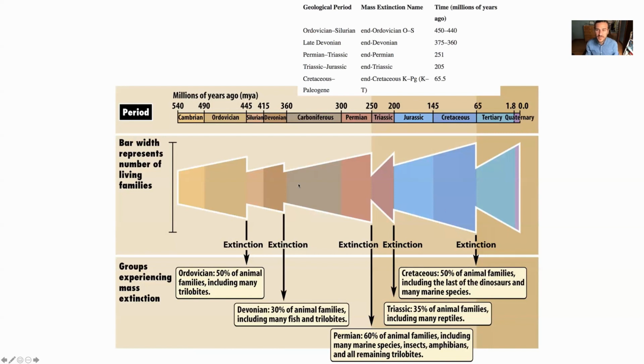So does that mean that there weren't cataclysmic events prior to the Ordovician-Silurian? No. There were extremely cataclysmic events. Super volcanoes that erupted for a million years, asteroid impacts, right? You name it.